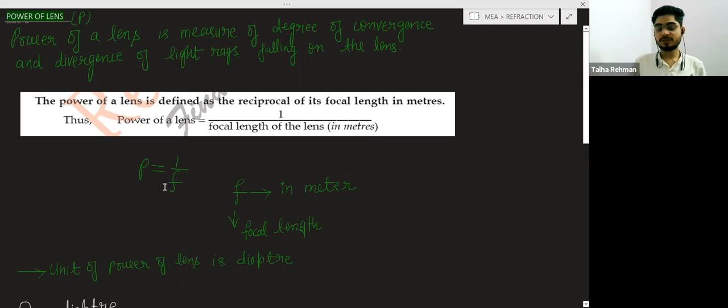Remember this point always. You will put focal length in meter. If in the question focal length is given in centimeter, then you will convert that into meter. 1 meter is equal to 100 centimeter. Note down this.